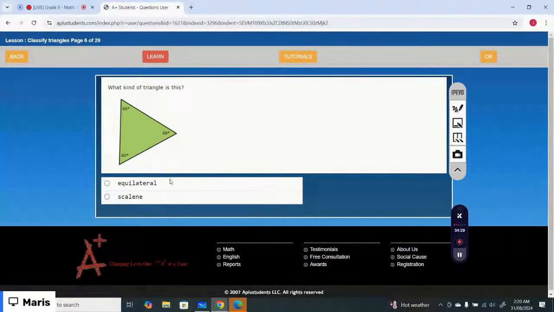Equilateral triangle it is, right? Because all the angles have exactly the same measurement, so equilateral triangle it is.